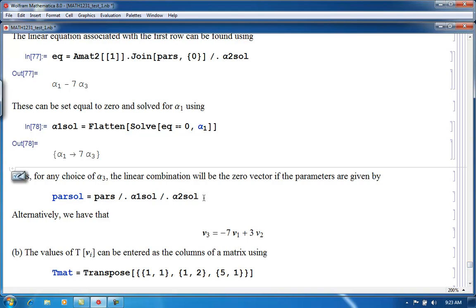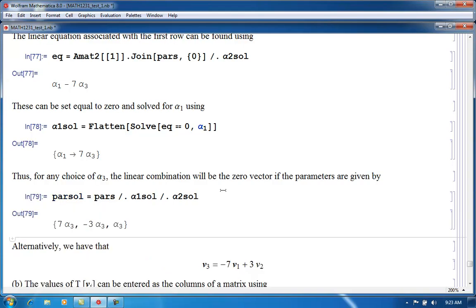We can now apply those two solutions to the parameters, and we can see that they will be a non-trivial solution for any non-trivial value of alpha 3. Alternatively, we could say that V3 is equal to minus 7V1 plus 3V2.